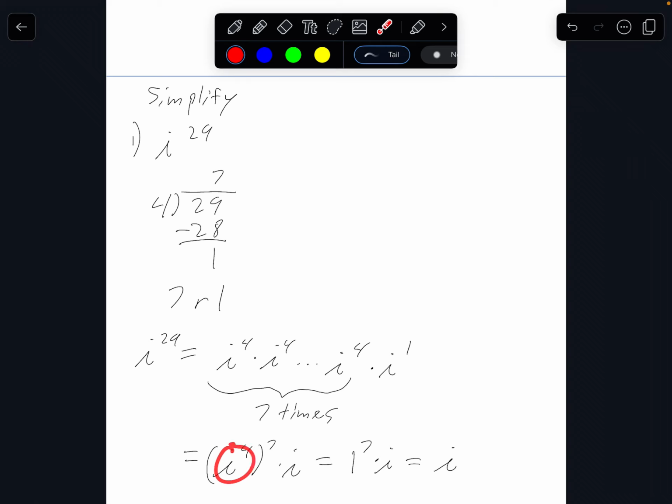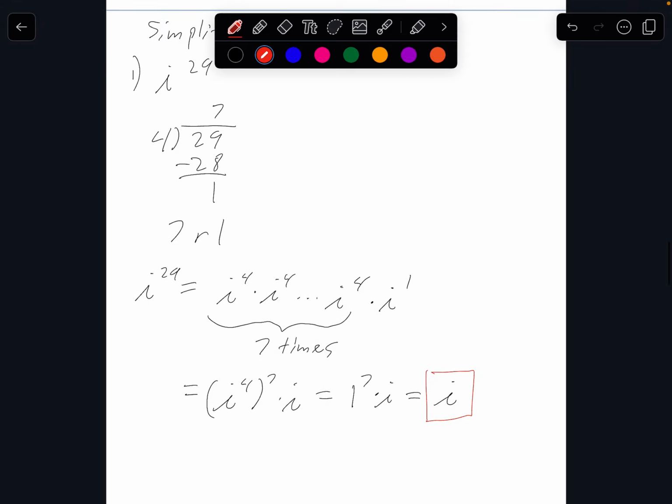Now again, i to the 4th can be replaced with a 1, which means 1 to the 7th power is equal to 1. That's 1 times 1 times 1. It's equal to 1 times i, which is just i, and this is our final answer.